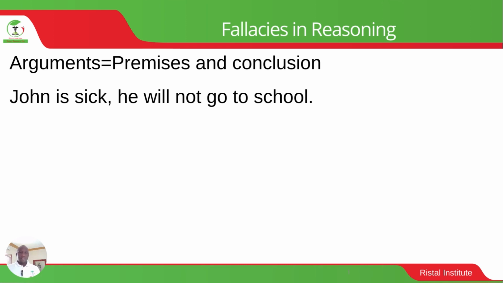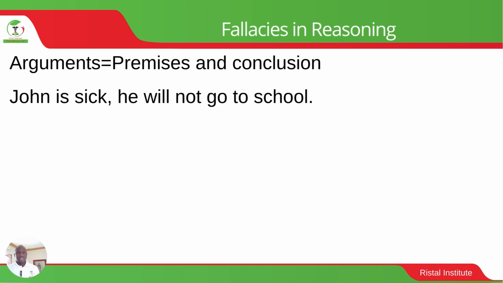So arguments occur when someone puts across statements, which can either be true or false. Those statements are of two types: the premises and the conclusion. The premise is the proposition that one puts across, and that proposition has truth value. It can be true or it can be false.